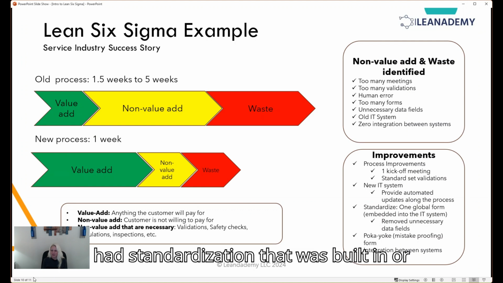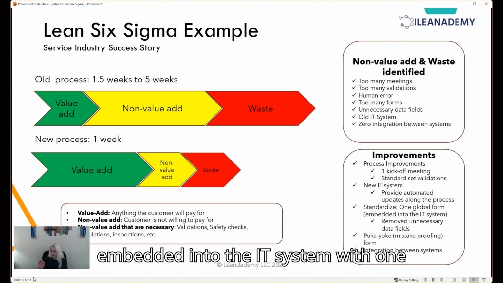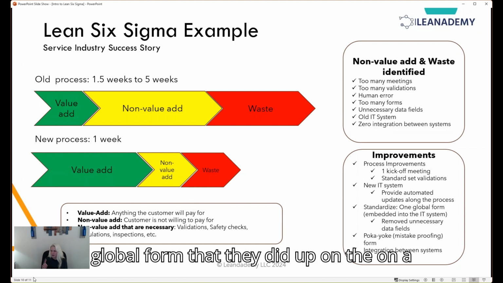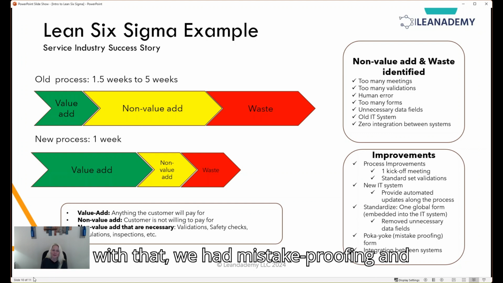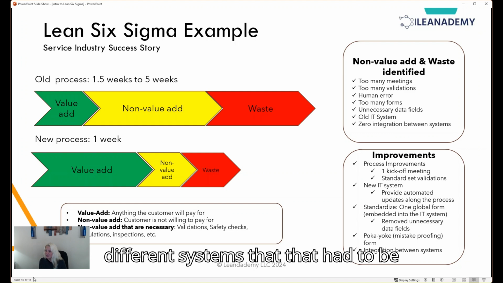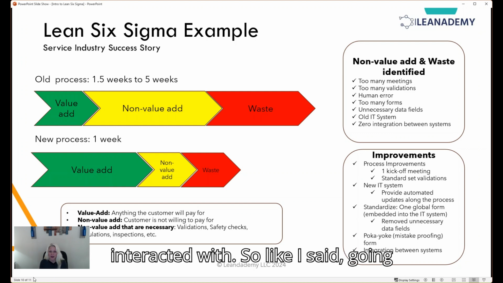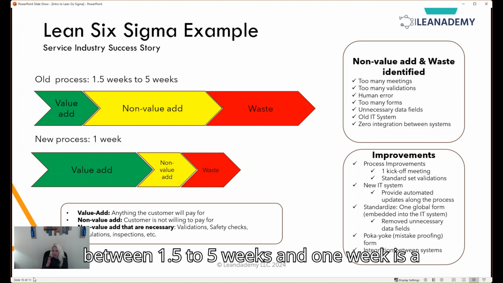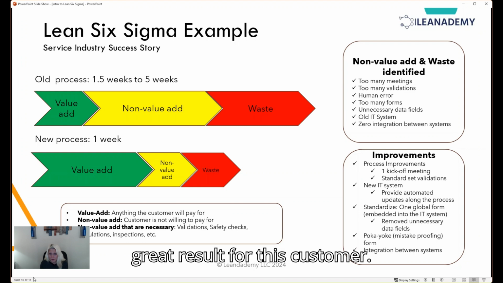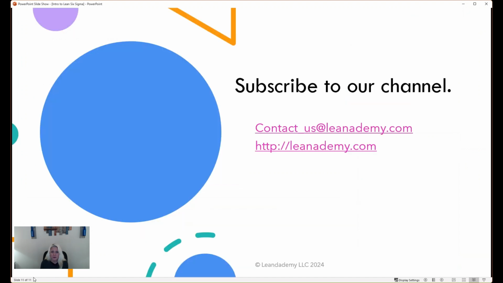Then we had standardization embedded into that IT system with one global form on a website versus using Excel. Along with that, we had mistake proofing, and then of course integrations between the different systems that had to be interacted with. So like I said, going from 1.5 to 5 weeks down to 1 week was a great result for this customer.